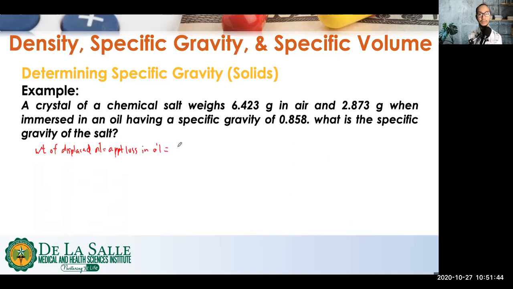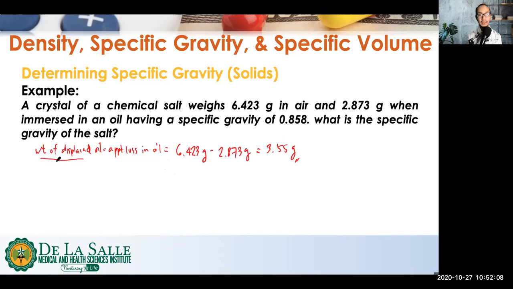So that will be equal to 6.423 grams minus 2.873 grams. That is the apparent loss in weight, and that will be equal to 3.55 grams. So what is this weight? This is the weight of the displaced oil.